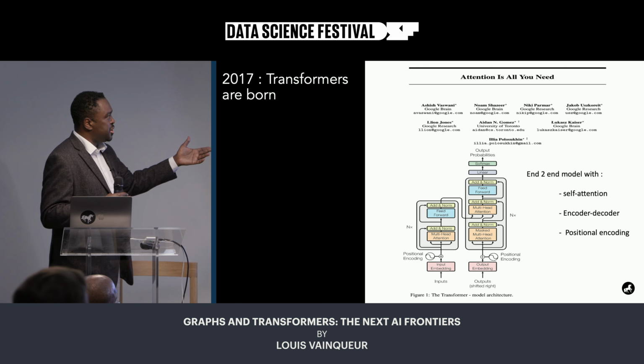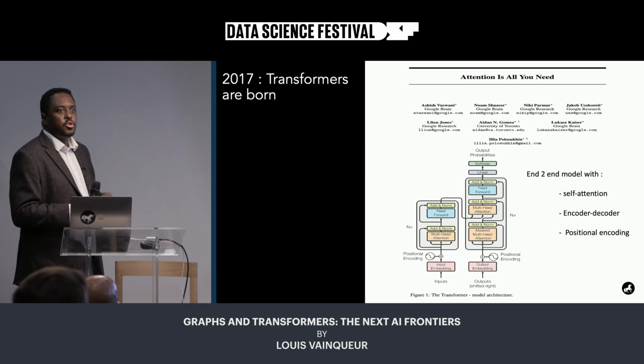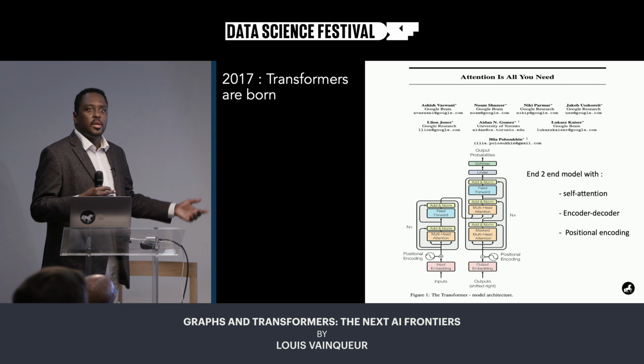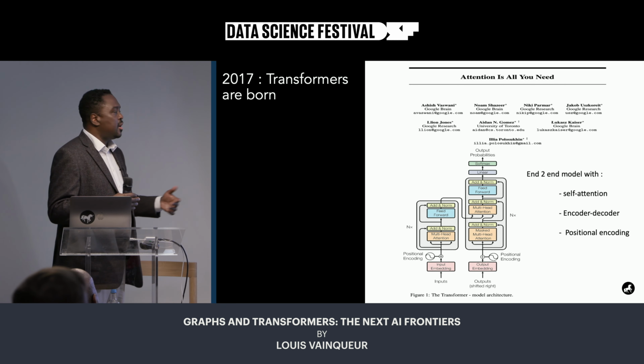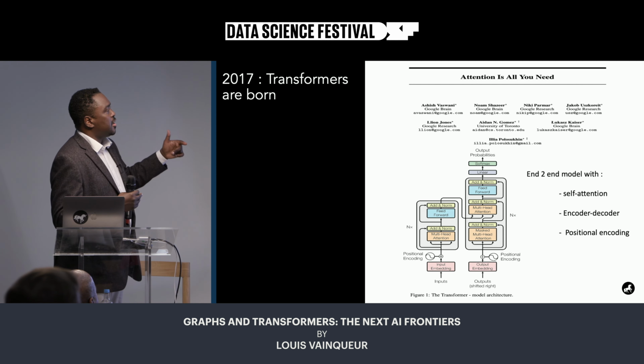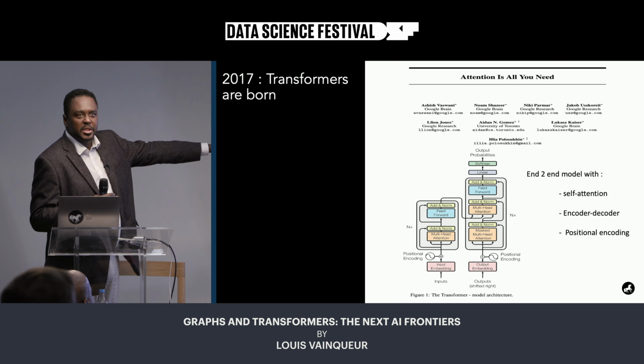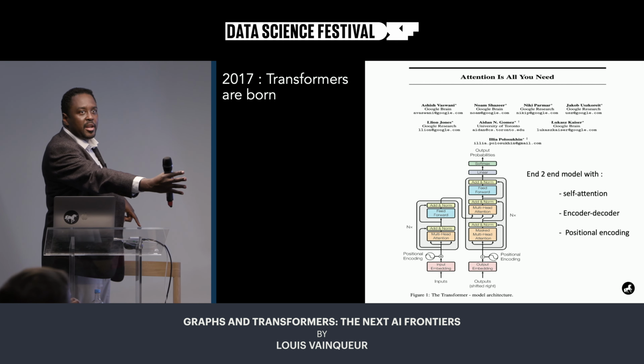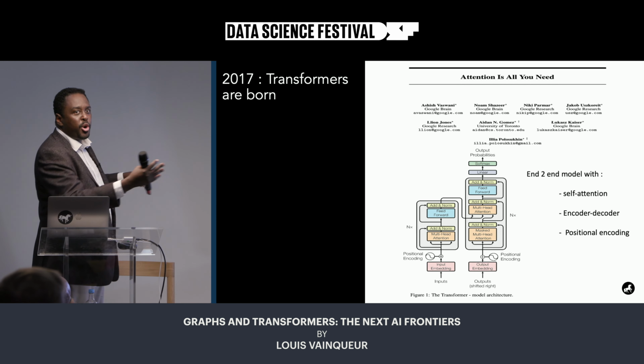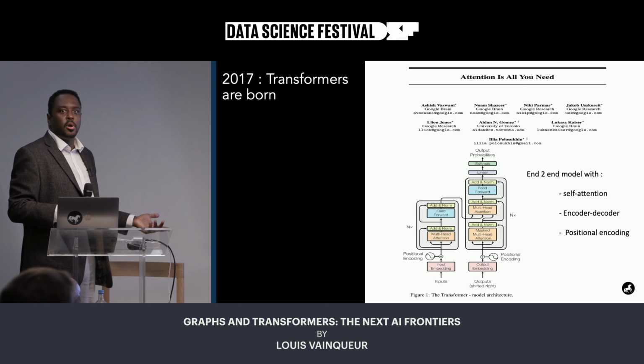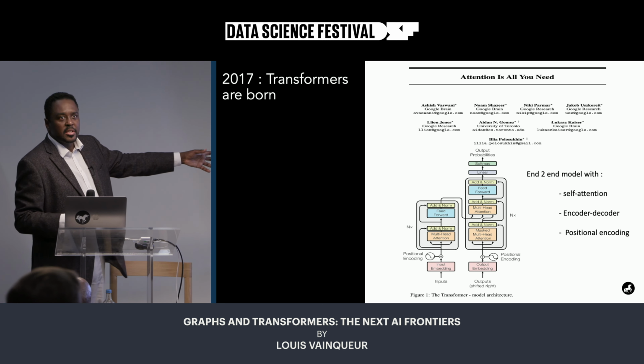That one originally came from Google, but then you've probably heard about GPT and GPT-2 and GPT-3. What is interesting is that GPT-3 is basically just half of this model, the right-hand side of that model. And BERT, which was the other very popular model, is the left-hand side.